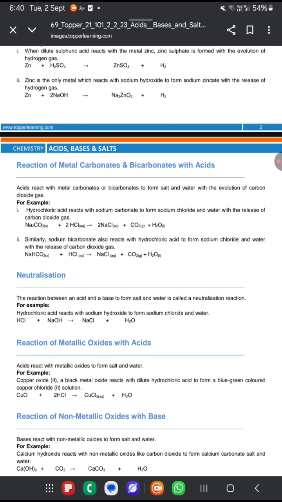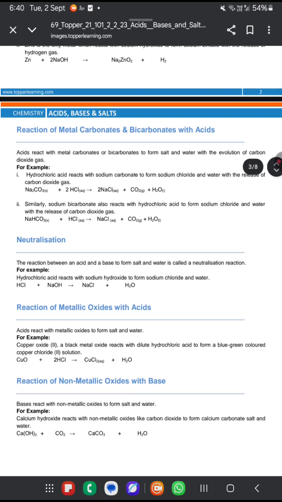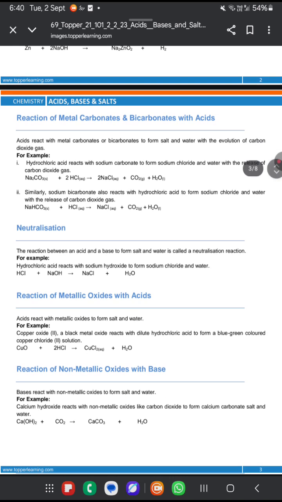HCl reacts with NaOH, which is a base. Acid plus base gives salt, NaCl, plus water, H2O.